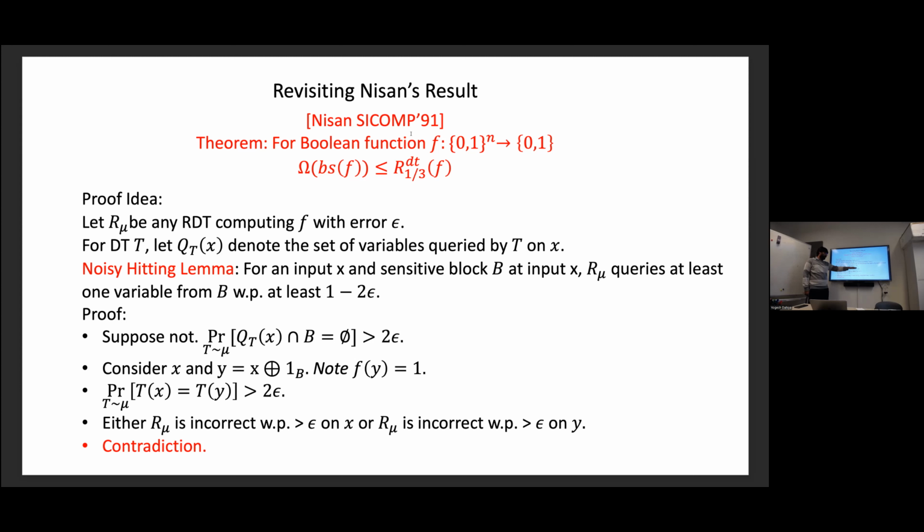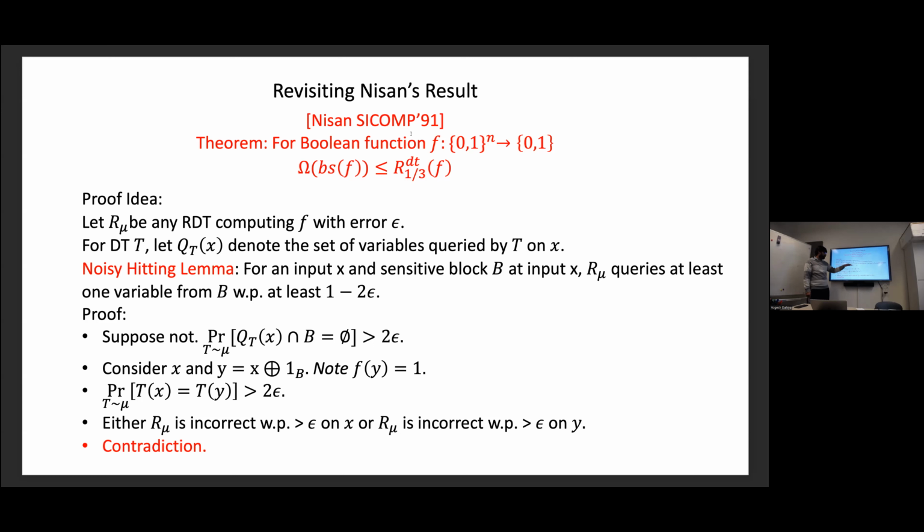If we are not querying any bit of B with probability more than 2 epsilon, the randomized decision tree will not be able to distinguish X and X with bits in B flipped with probability more than 2 epsilon, which means there are these 2 epsilon masses spread over these trees, and on X and Y they'll take the same path, so either they will be correct for X or they will be correct for Y. So either we'll have error of more than epsilon on X or more than epsilon on Y.